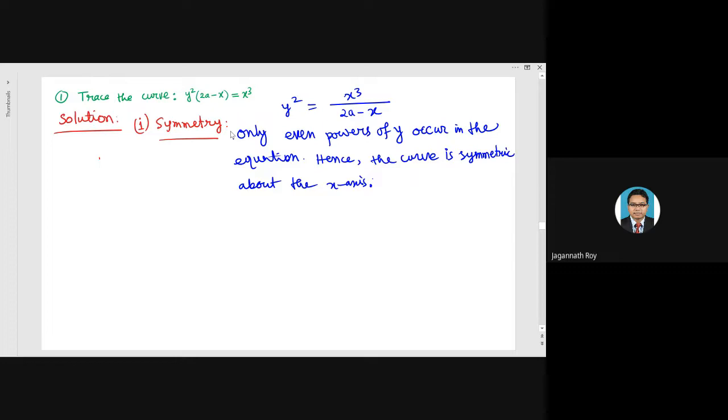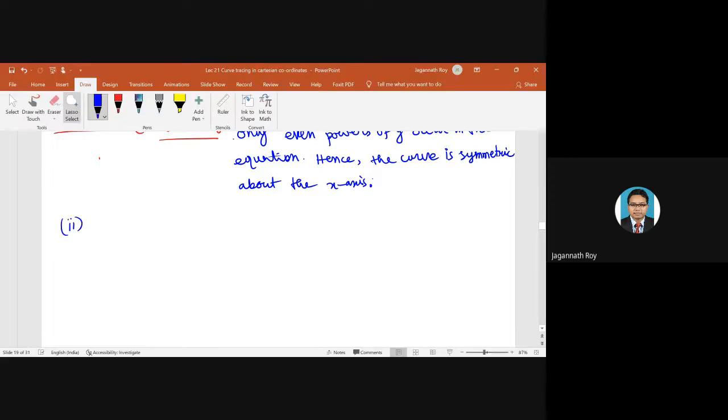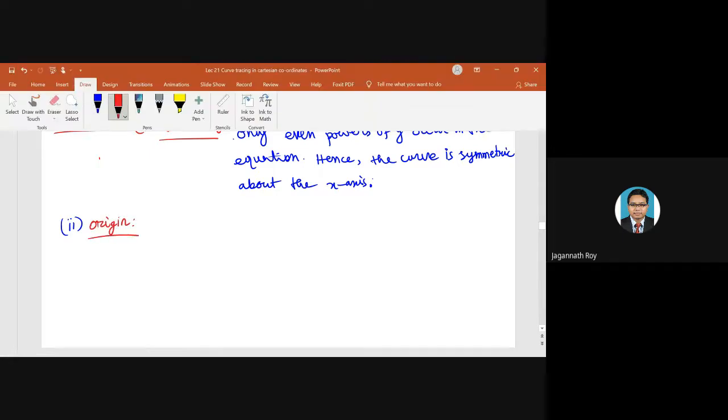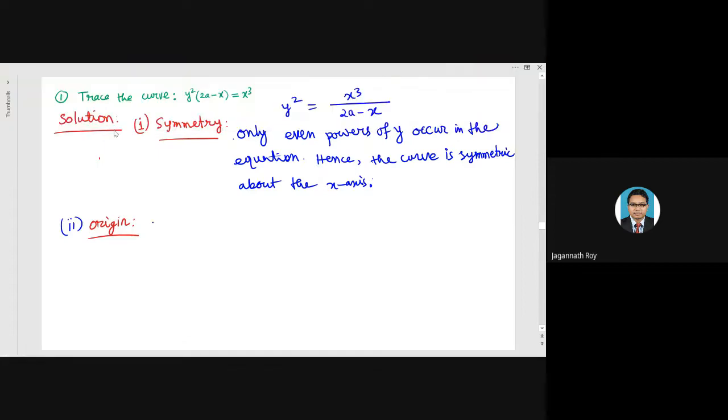Now, let us understand the origin. Whether it has any constant term. There is no constant term in the equation.